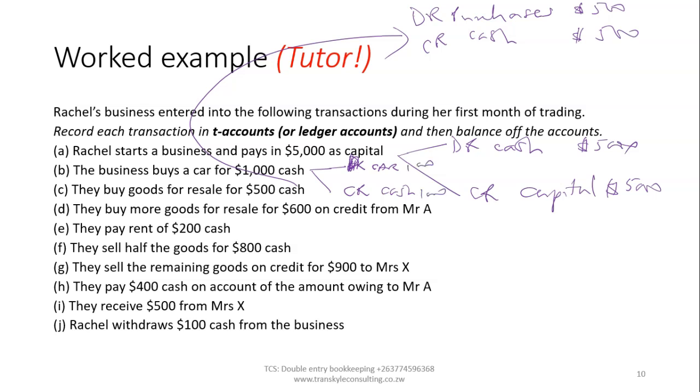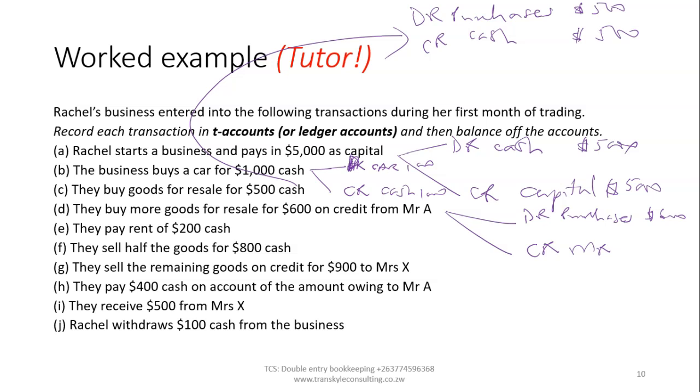Now, what about here? They buy goods for resale for $600 on credit. So these are purchases, but now on credit. So we're going to debit purchases 600 and credit supplier, Mr. A. You can also say supplier or payable.